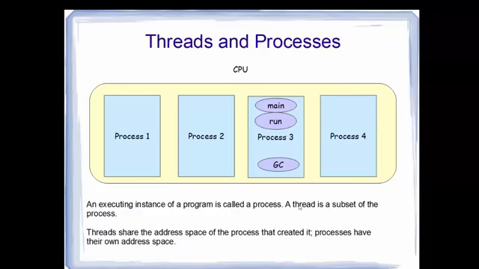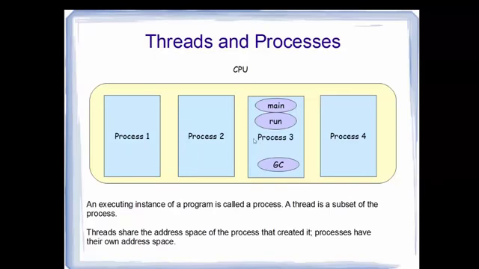So a thread is a subset of a process. Now, threads share the address space of the process that created them. Processes have their own address space. So this process has its own address space, this process has its own address space, and other processes also have their own address space.